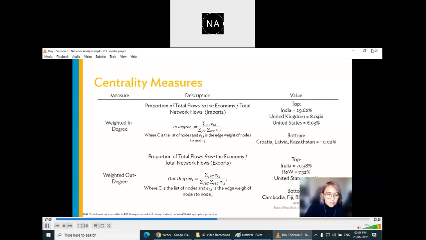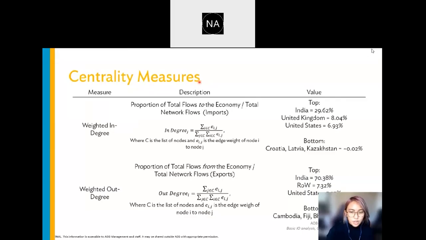Next is, let's try to describe some statistics that describe the node positions. Statistics that describe the node position, we call it centrality measures. And a sample of centrality measures are weighted in degree and weighted out degree.